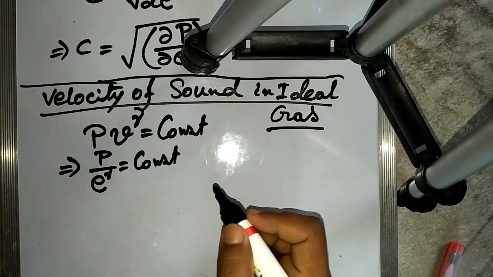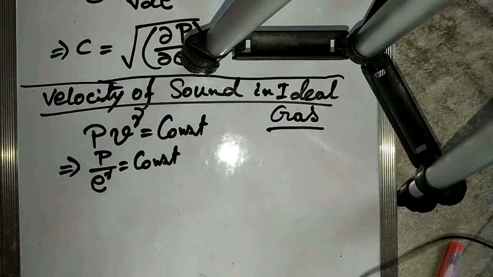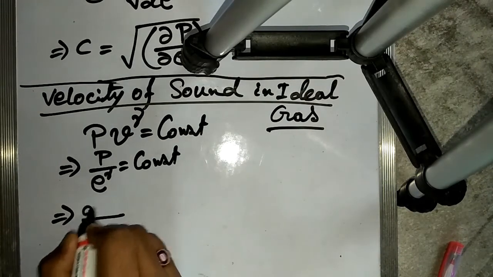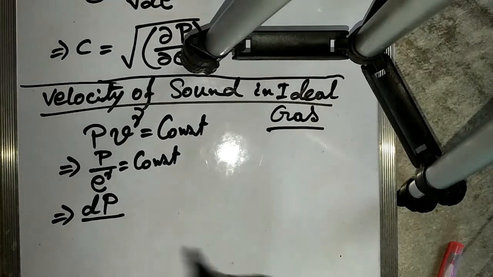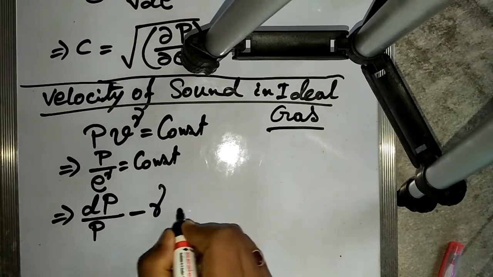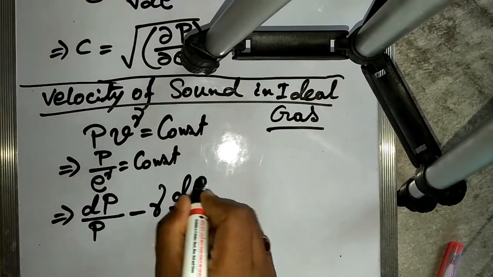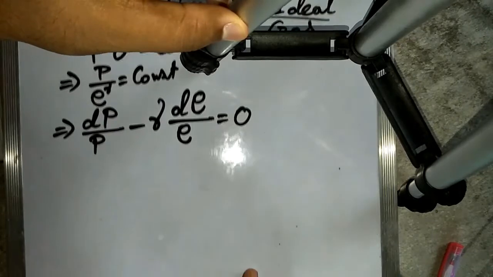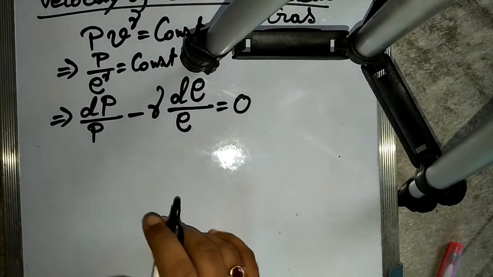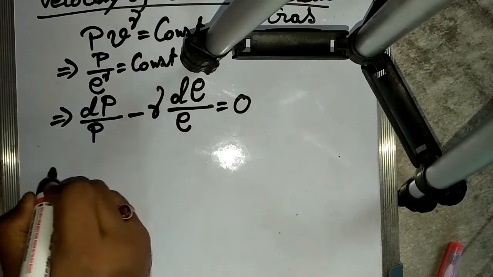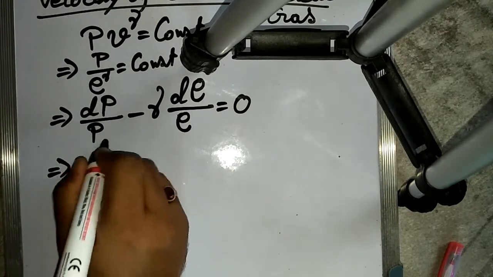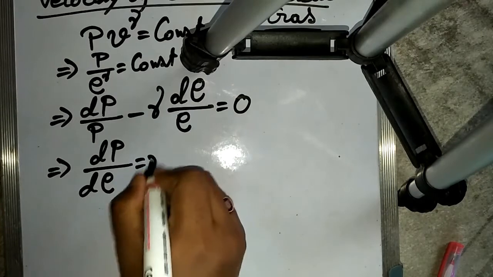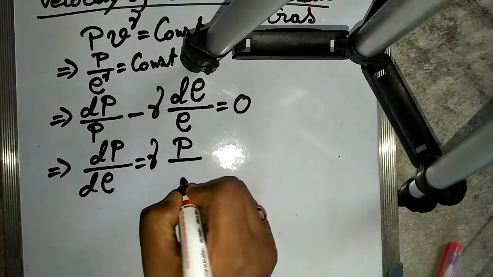Now by logarithmic differentiation, we get dp by p minus gamma into d rho by rho is equal to 0, so dp by d rho is equal to gamma into p by rho.